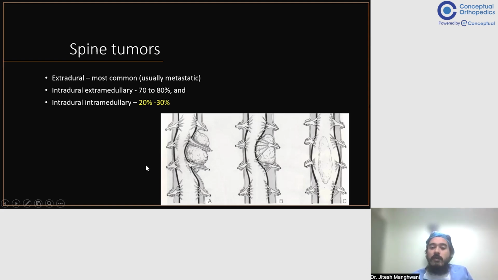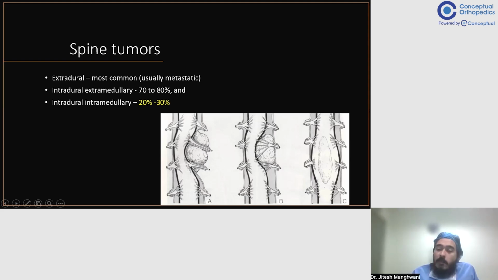So if we compare the incidence or the prevalence, extramedullary is in 70 to 80% of the cases and intramedullary is only in 20 to 30% of the cases. Now, what is the difference between the two? Basically, these two tumors are the tumors which are present inside the dura. As you see over here, this one and this one both are present inside.